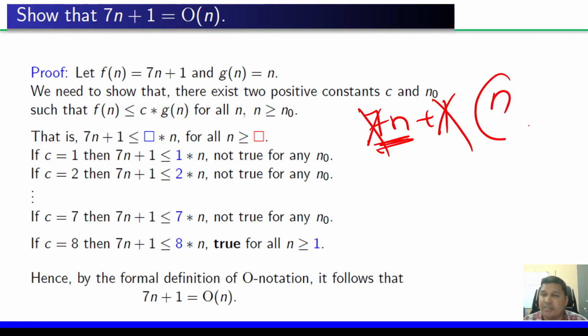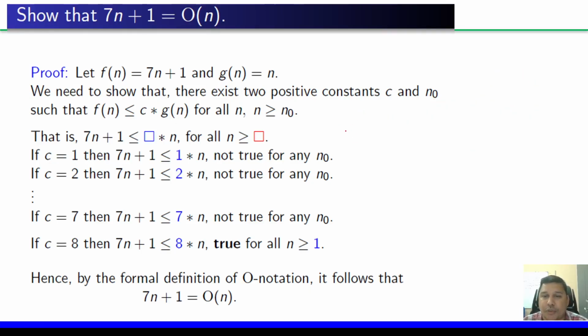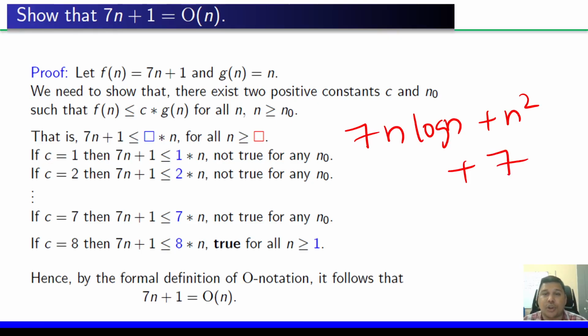So it becomes n. Order of growth is n. Okay, so tell me, what is the order of growth of 7n log n plus n square plus 7? Can you tell me what is the order of growth of this function?